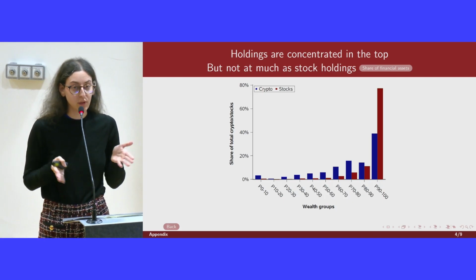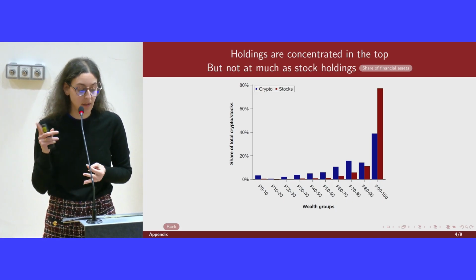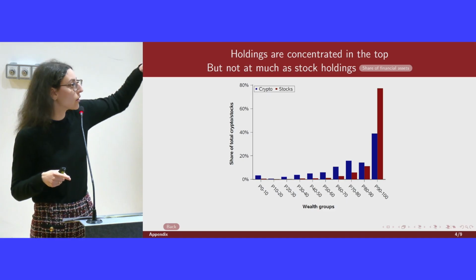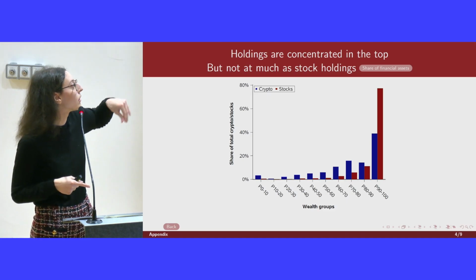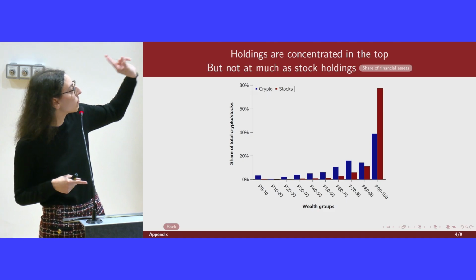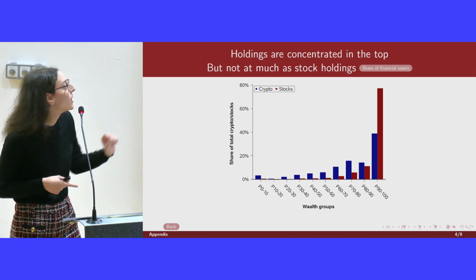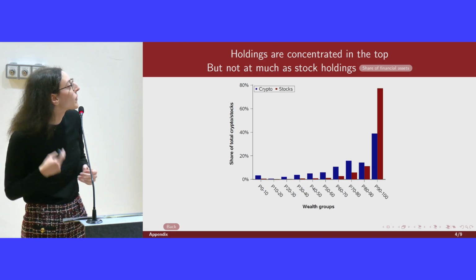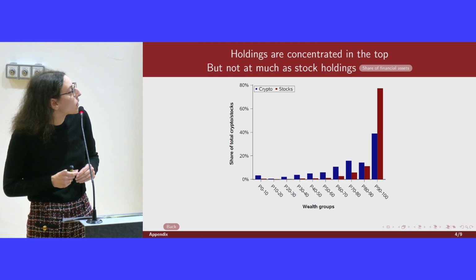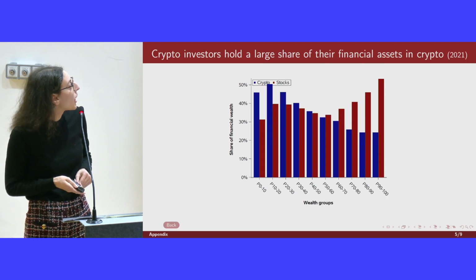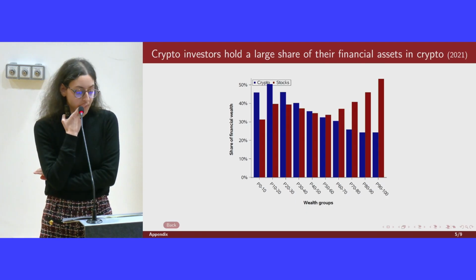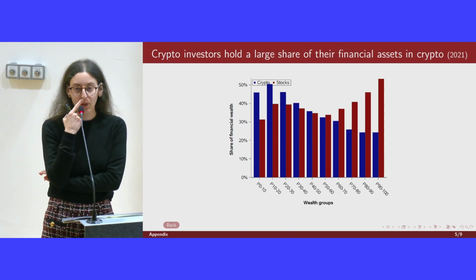Around 40% of crypto is owned by the top 10%, and in the bottom of the distribution you have much more blue, so much more crypto wealth than stocks.